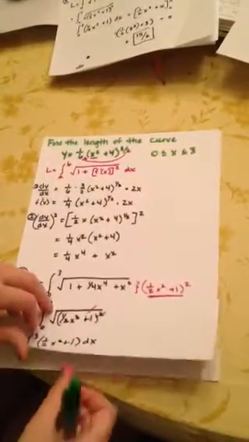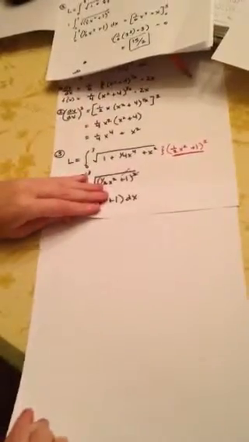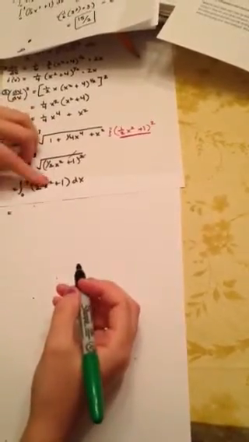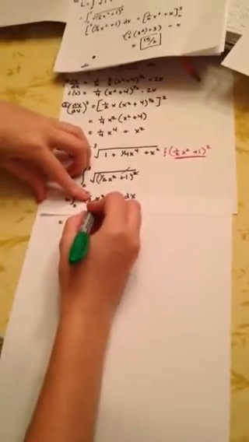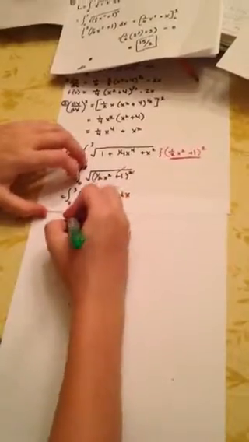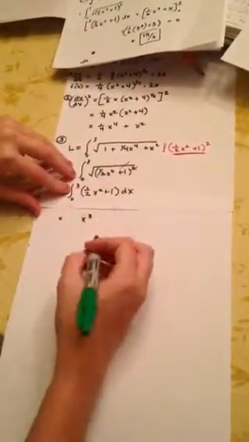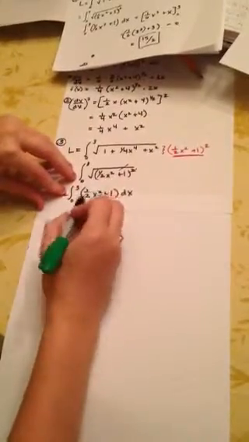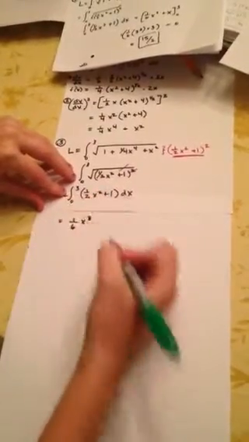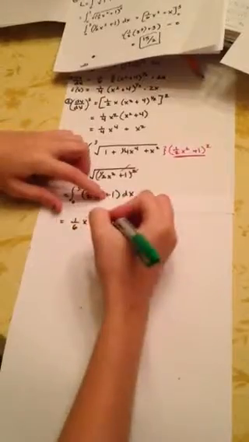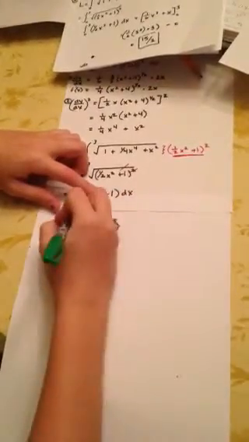Now, all we have to do is integrate that, and then we can finish it off. When we do this, it's going to be x to the 3rd, and we divide by 3 and multiply, so we have 1/6 x cubed, plus x, since it was 1 to begin with.